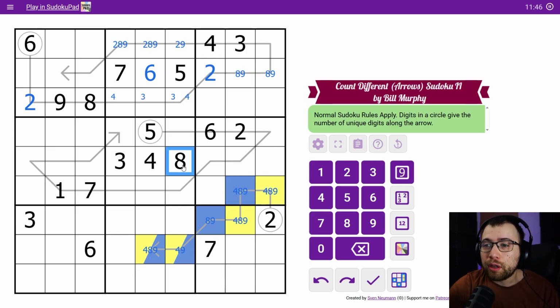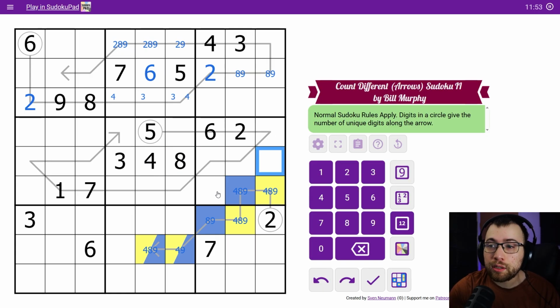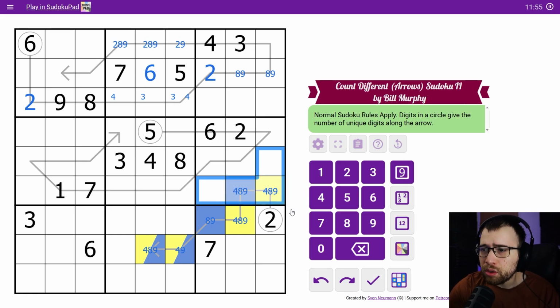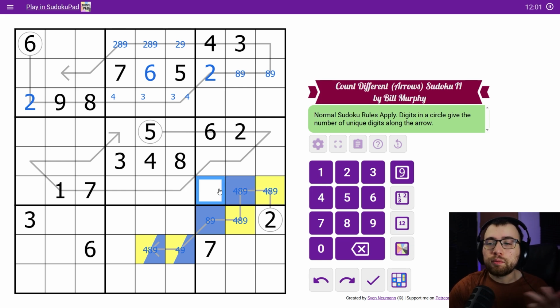Okay, so if we look at the 8, it's also like the 4 in that it can't go on this line here. So it has to go in one of these spots. Well, actually, it can't go here because it sees that square. But the 8 has to go somewhere down here. But obviously, it could go here, which would mean it would not be on this line, right?